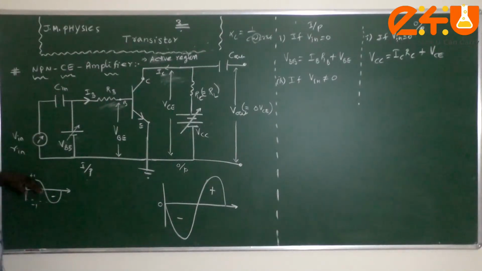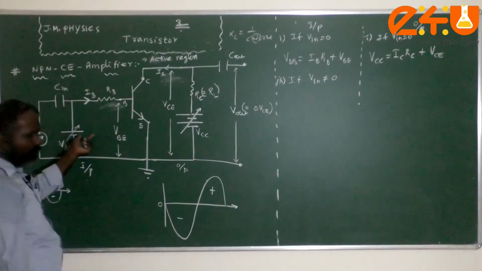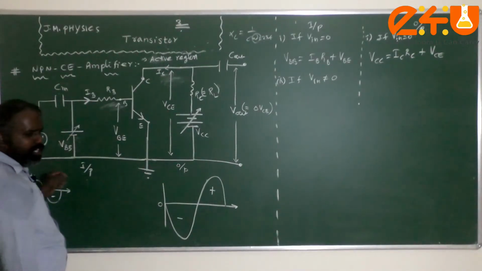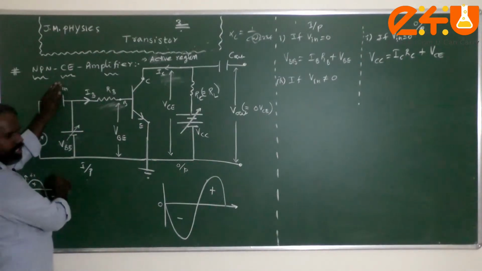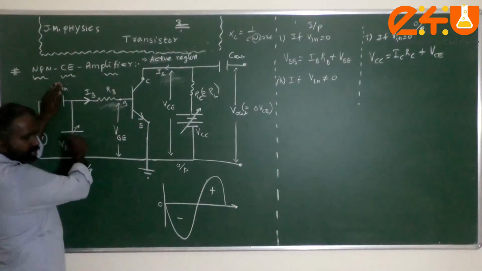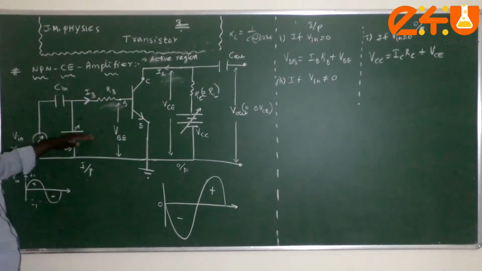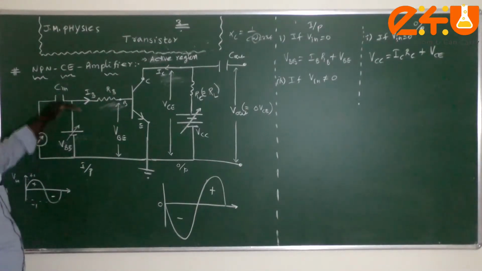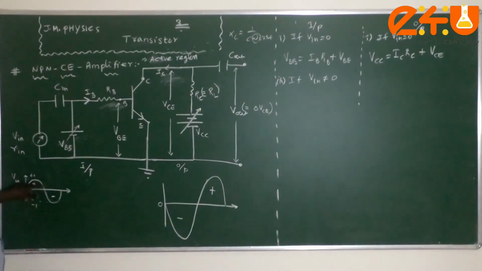Now when the input signal goes to the negative cycle, the voltage will be minus 1, so plus 10 minus 1 will be 9 volt. So when the input signal is not connected, the applied biasing voltage remains constant. When it is connected, the biasing voltage varies, 11 volt, 9 volt, sinusoidally or periodically with the corresponding change in the input signal.